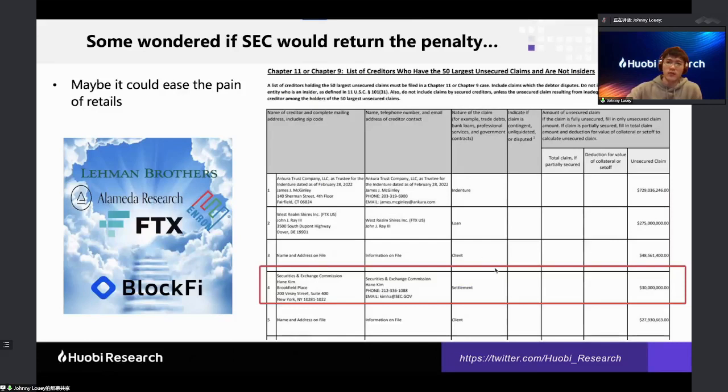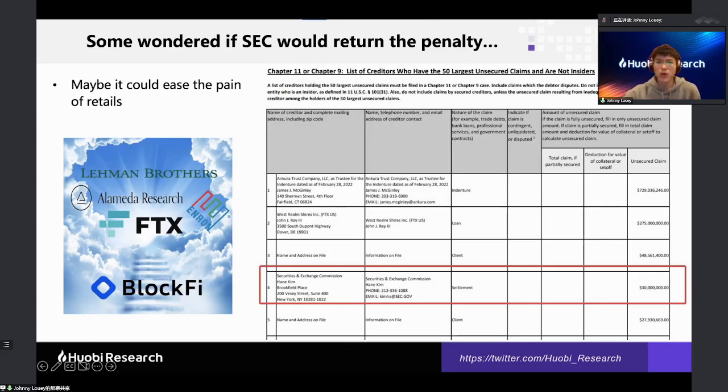We also saw in the Chapter 11 legal documents that there was a settlement, basically a penalty issued by the SEC to BlockFi for violating some regulation, probably selling unauthorized securities to retail users, and the penalty was like $30 million, right?